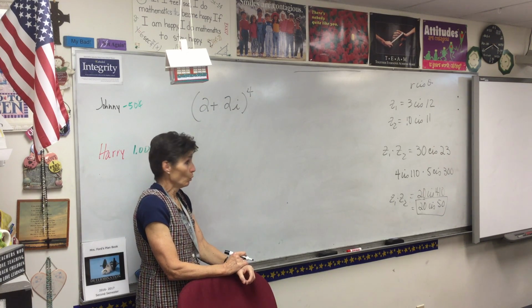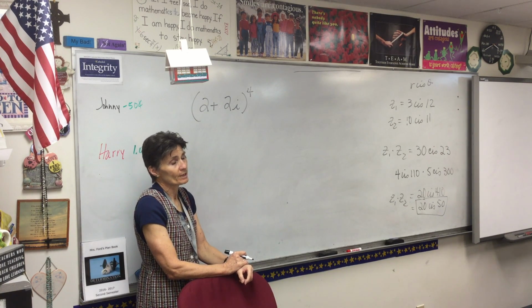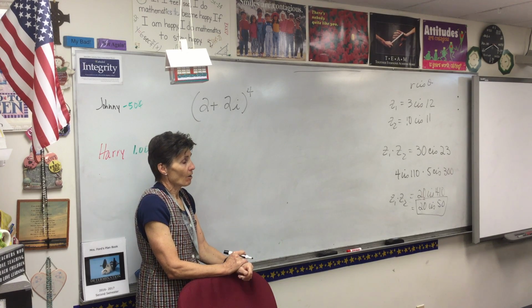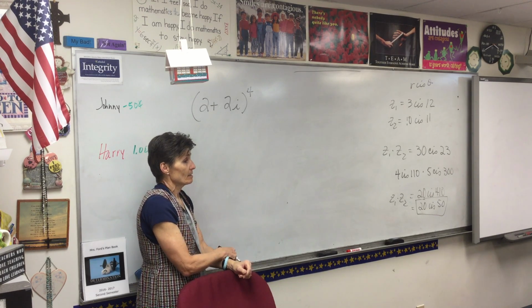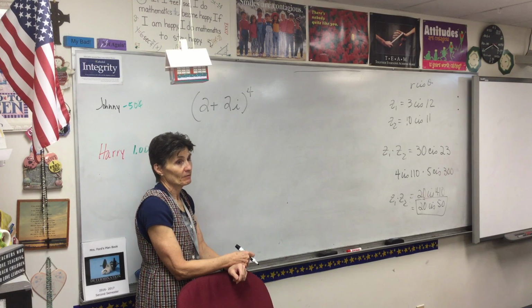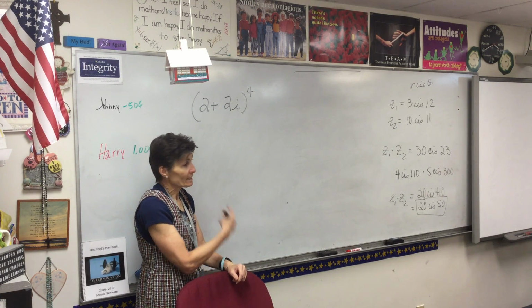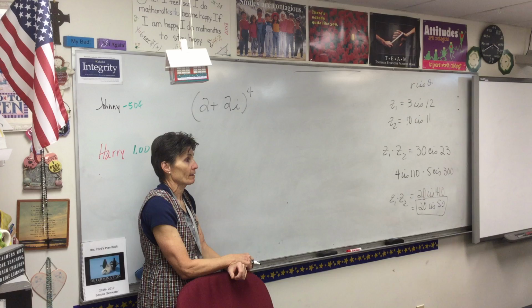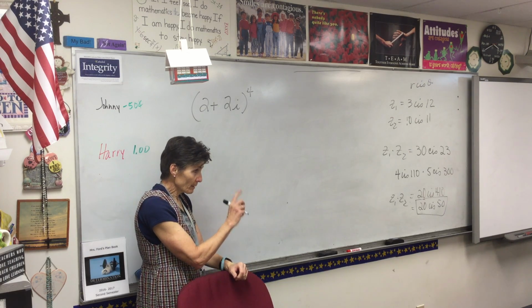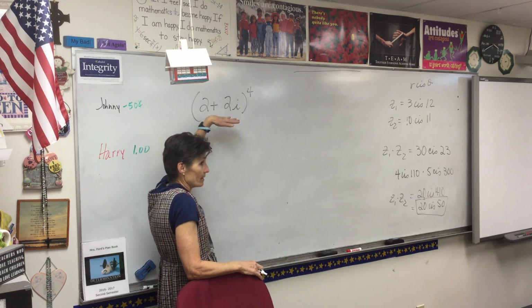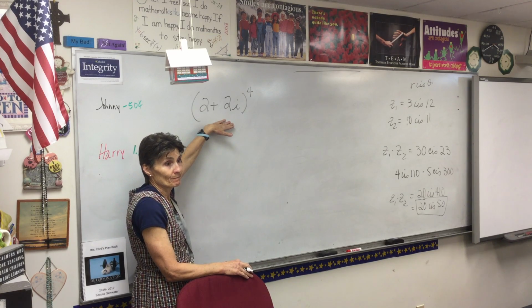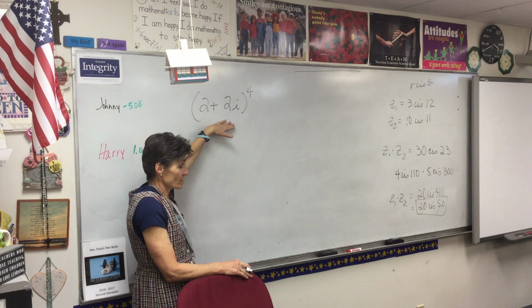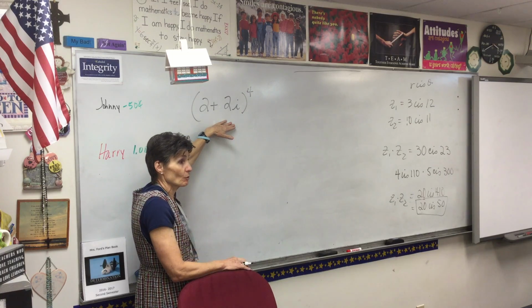The coolest thing about polar coordinates, however, is that you can do that in a snap of a finger. We can get the answer here pretty quick. The only problem is you have to be in polar form. So the first thing we're going to do is what we practiced earlier.